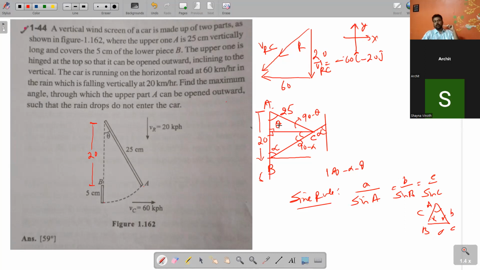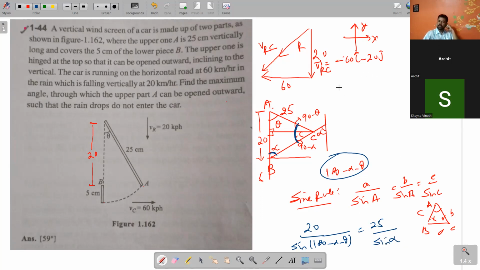So in this triangle, if you apply this concept, you will see 20 upon the sine of the opposite angle. The angle opposite to this side 20 is this angle. So sine of 180 minus alpha minus theta equals 25 upon sine alpha.